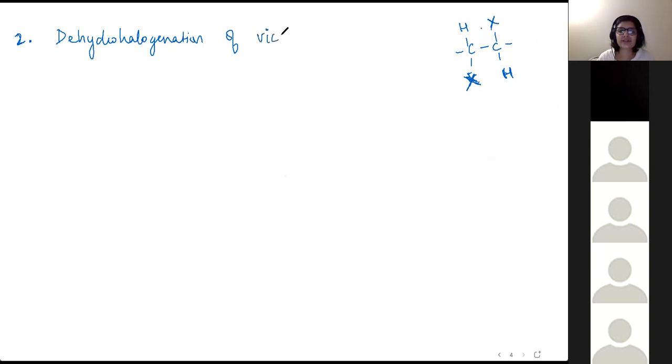Ma'am, why don't we use both on the same carbon? One minute, I'll come to that. It is easier to remove the halogen in the case of vicinal dihalides as opposed to this other case. Remember you have beta elimination taking place. The hydrogen is removed from the beta carbon.